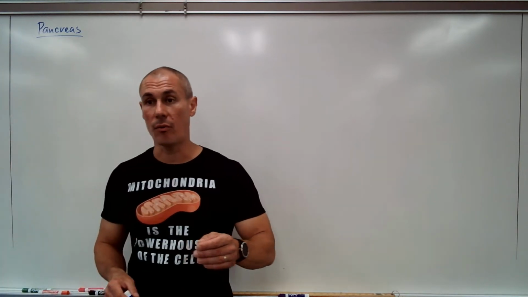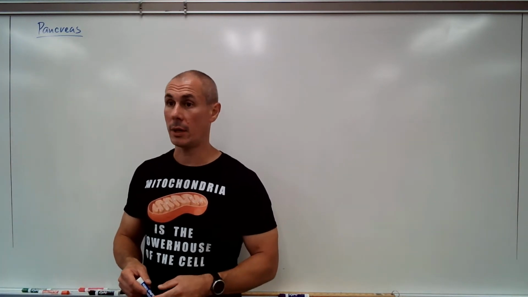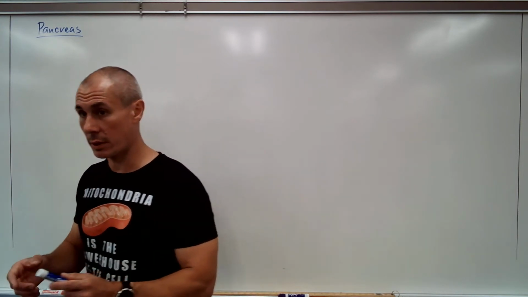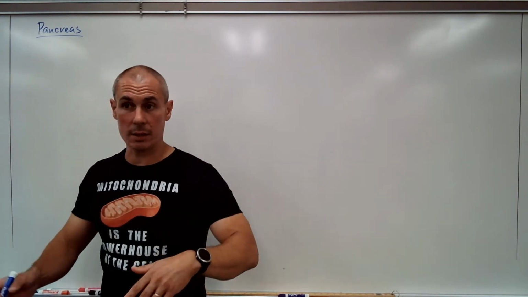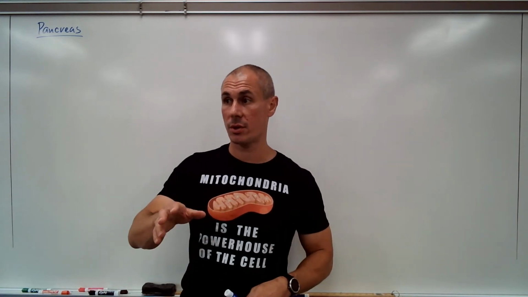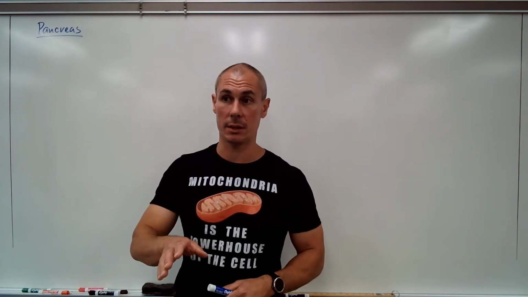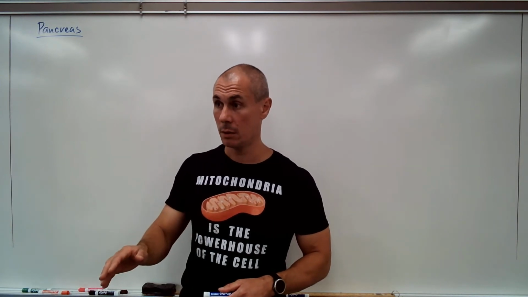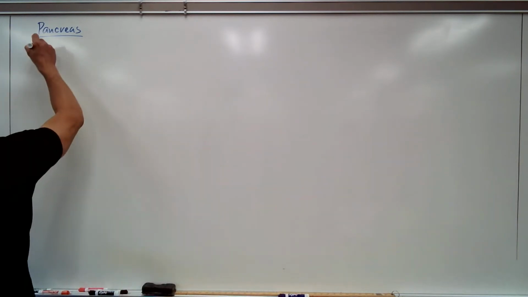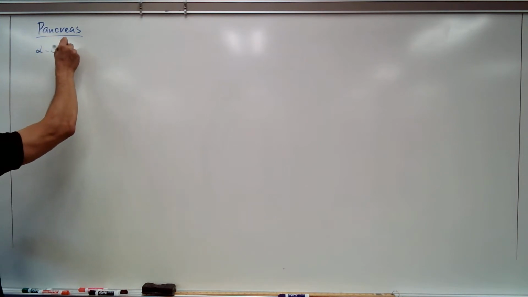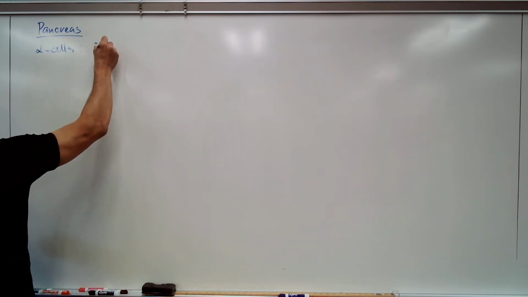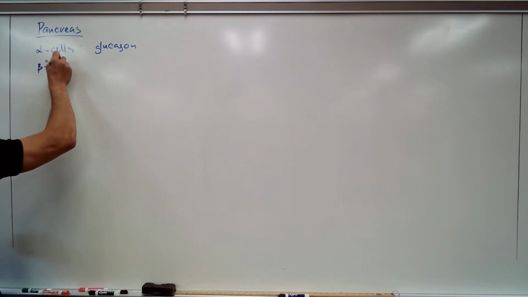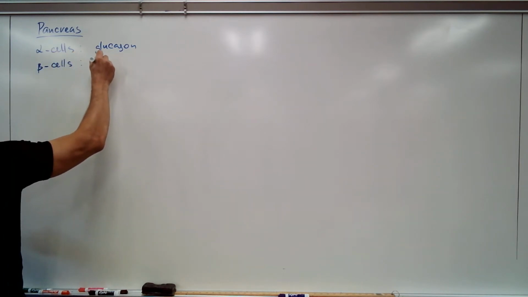So out of 4 types of cells that comprise pancreas, I'd be honest, I'm going to be focusing on the first 2, alpha cells and beta cells. There are alpha, beta, delta, and PP cells. So alpha cells produce glucagon. Beta cells produce insulin.